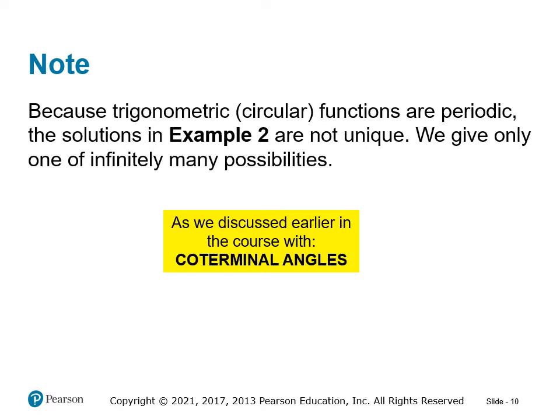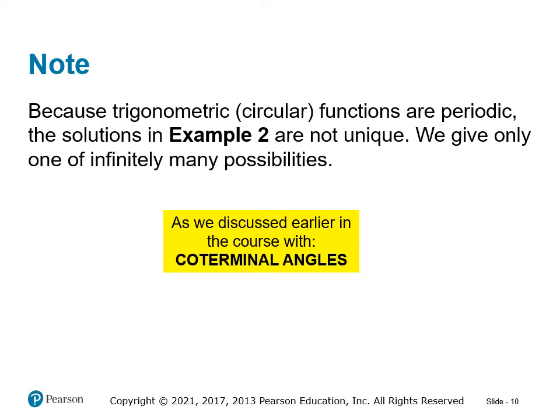Now, in all of these examples, note that the solutions that we gave were not unique. What does this mean? That we gave only one solution and there are infinitely many possibilities. You might remember that we discussed this earlier with the idea of coterminal angles, that if we rotate around the circle one more time, around the origin, we come back to that same angle, but it's 2 pi radians later or 360 degrees later.